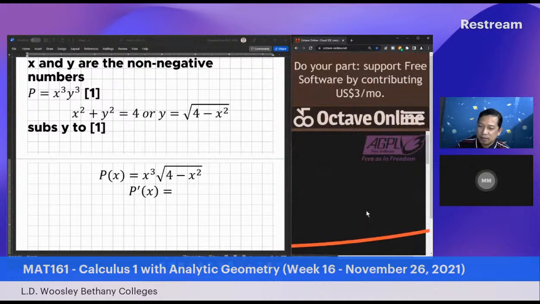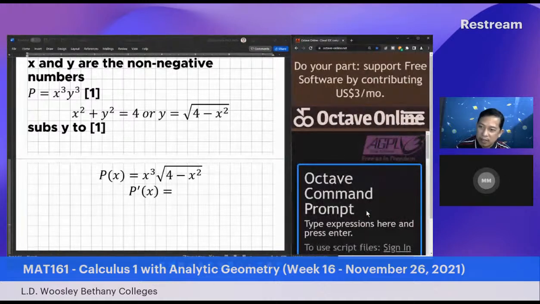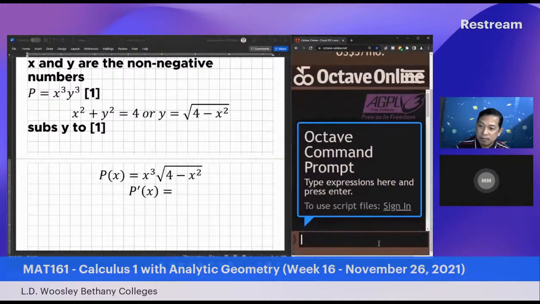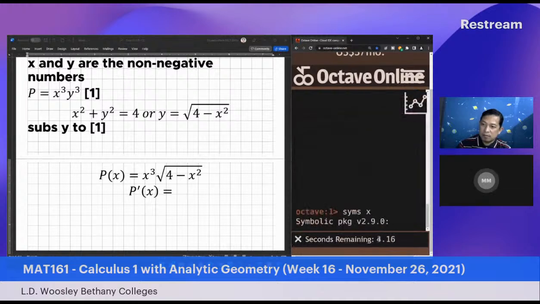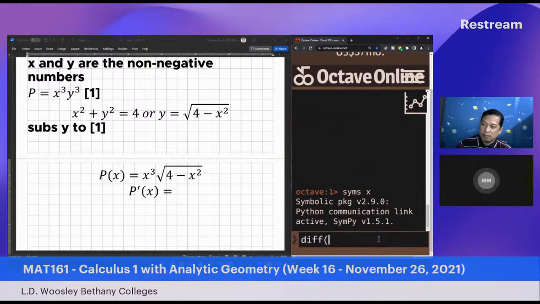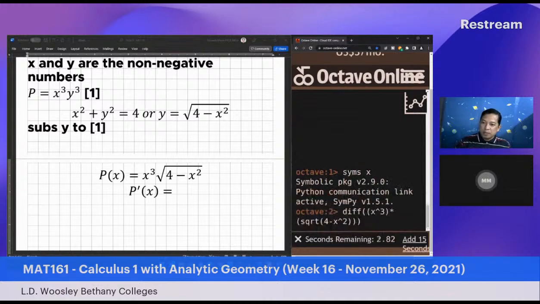Yan. Okay. Yun. Oh, X cube. Naman na-compute niya na.